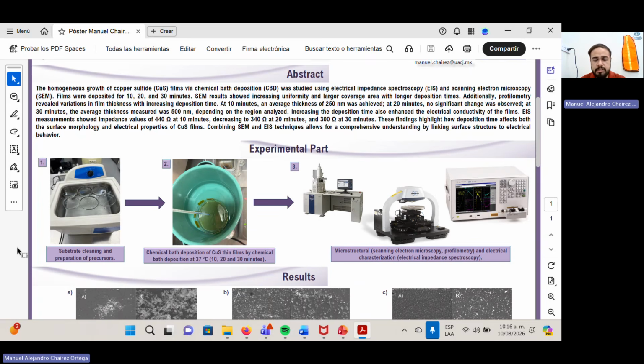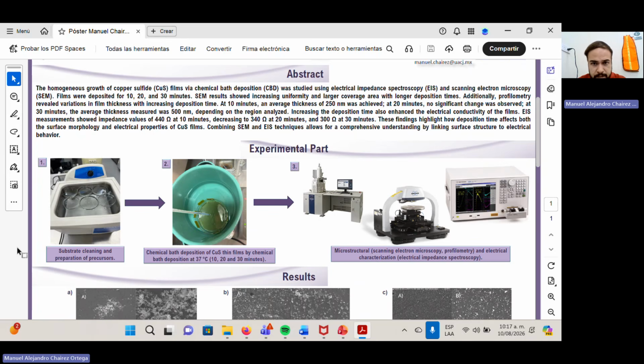Then the clean substrates were submerged in the chemical bath deposition solution with the different precursors of the copper sulfide, like copper chloride, urea, triethanolamine, and ammonium hydroxide.